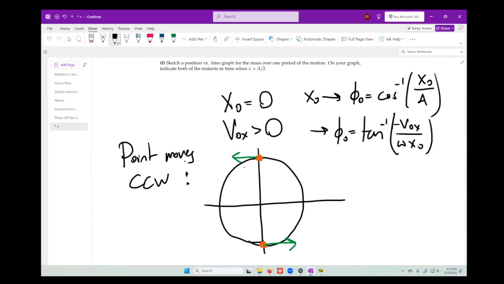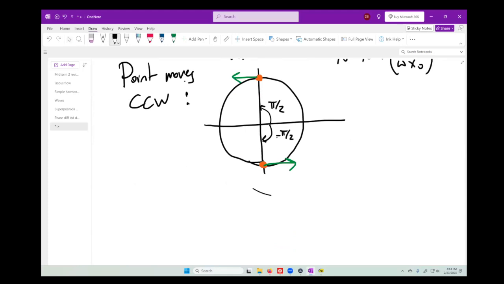At the top, when the angle is pi over 2, the mass is moving to the left. Over here, when the angle is 3 pi over 2, or minus pi over 2, the mass is moving to the right. Because my initial condition is that the mass is moving right, this is the one I want. So my phase constant is minus pi over 2.